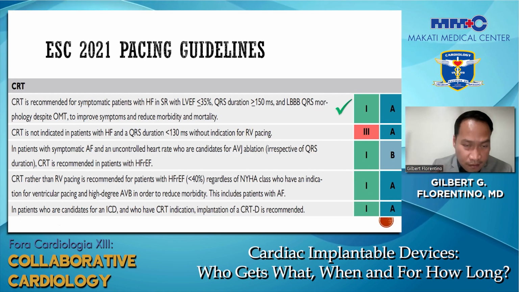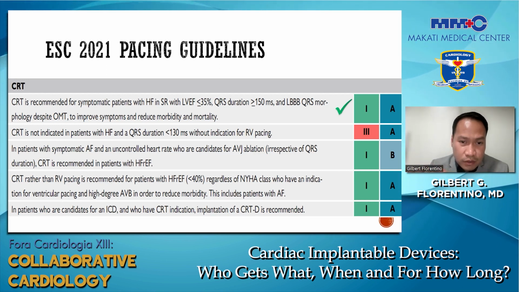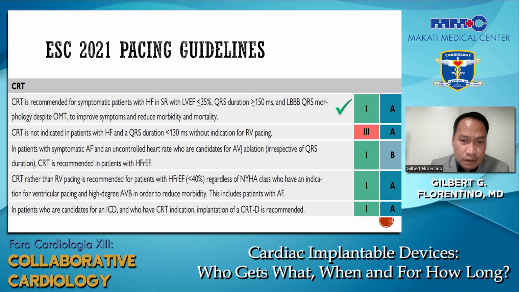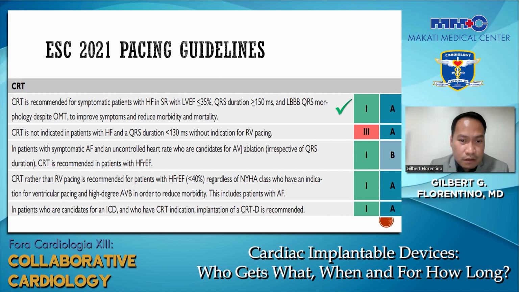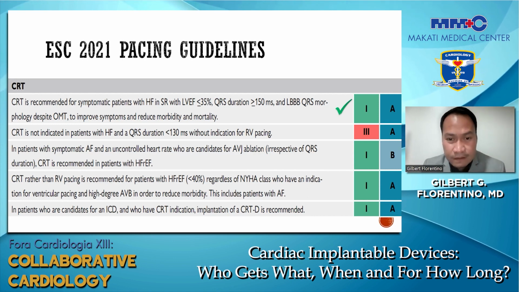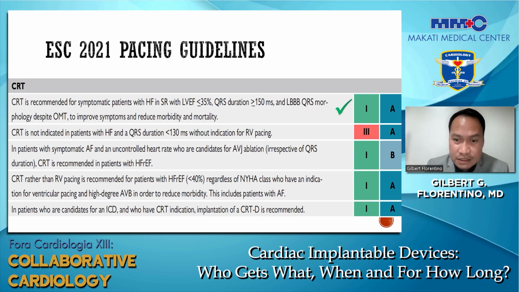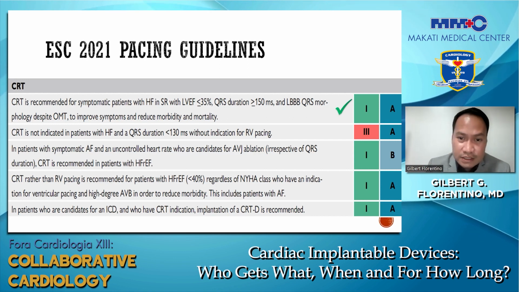That means you need RV pacing for AV block to consider it regardless of the QRS duration. So as long as there is no RV pacing, you need to wait for a wider QRS.